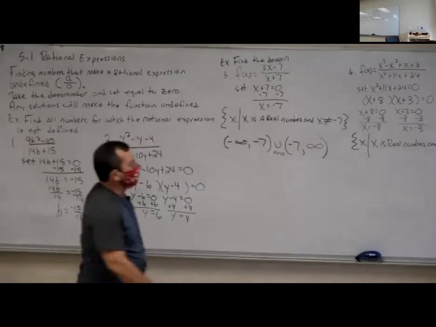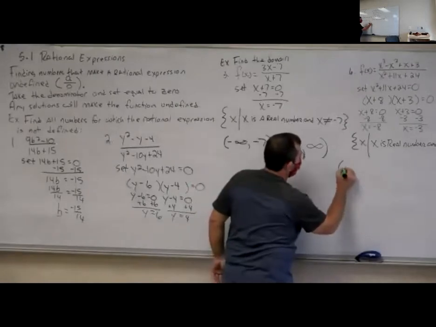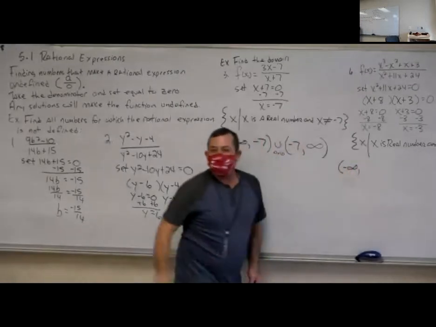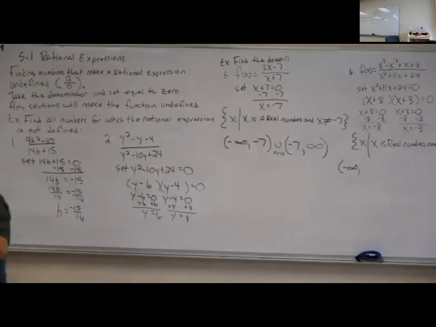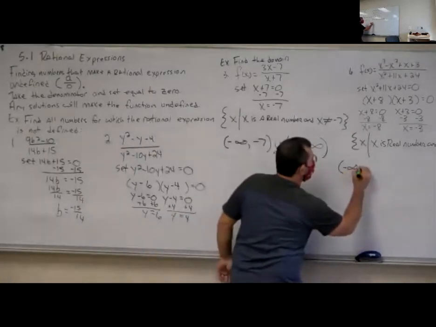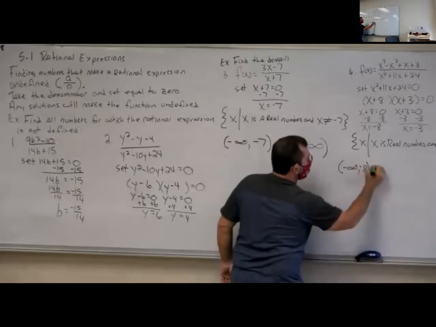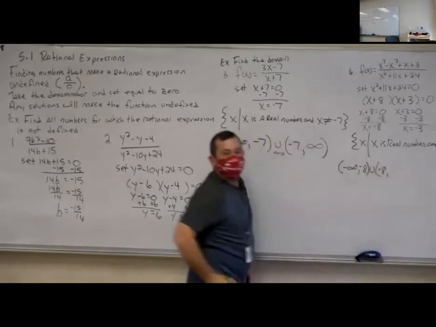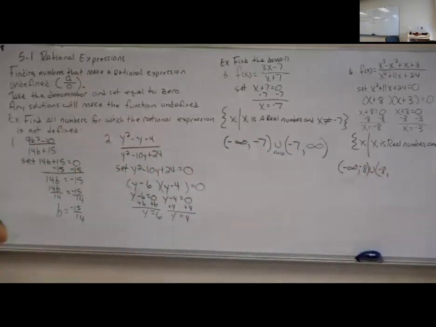Interval notation. You're starting at negative infinity. So the question is, going left to right, which number would I hit first? That negative 8. So what we're going to do, we're going to union around that negative 8. So from negative 8, I'm cruising until I hit what number next? Negative 3.